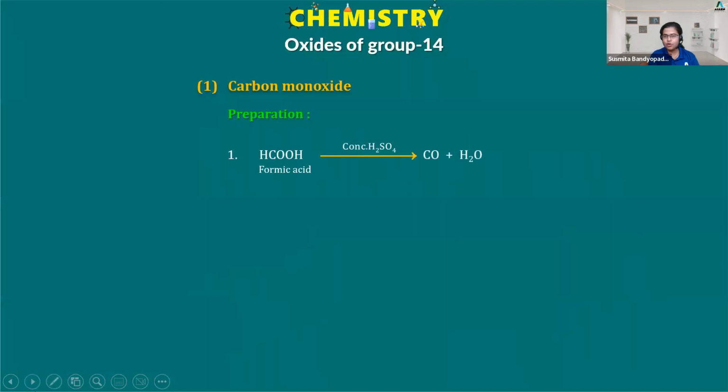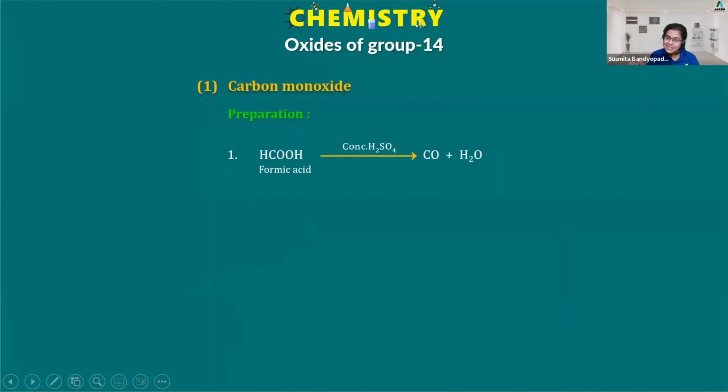Carbon monoxide's preparation: take a limited amount of oxygen, burn coal or coke or carbon, you get carbon monoxide. And you people preparing for medical must know that when carbon monoxide combines with the hemoglobin of the blood, it forms a stable complex, carboxyhemoglobin, and hemoglobin remains very busy with carbon monoxide.